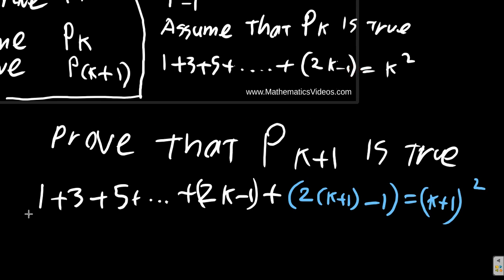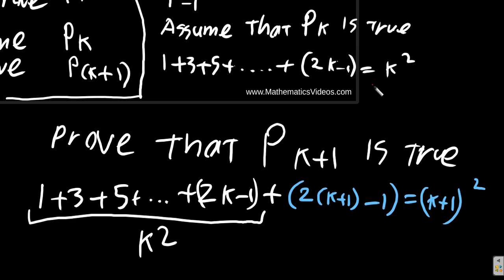See that? Now, this part, you know, is equal to what? It is equal to k squared, right? You're going to have to set up the math so that you have an equation and you prove that the left and right hand sides are equal.